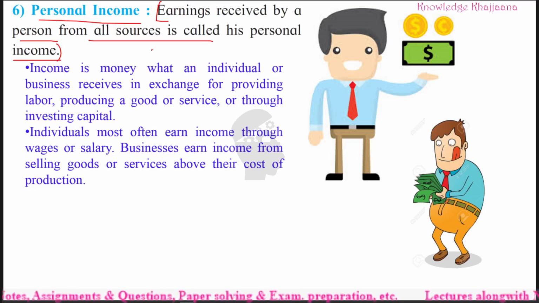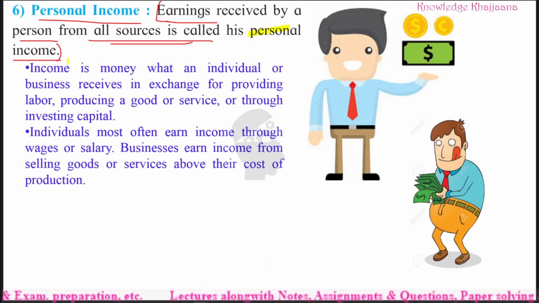Or he has some factory, so he is getting earnings from that firm also. Whatever money he receives from all sources is called his personal income. The total of all earnings from all sources of a person is called his personal income.